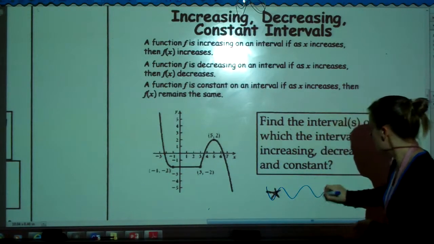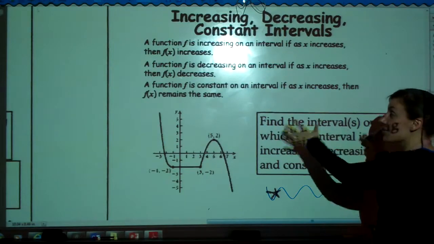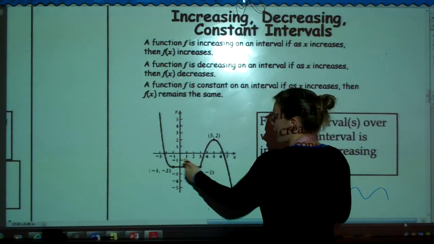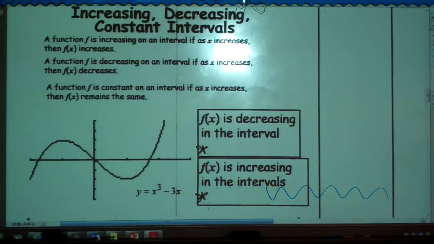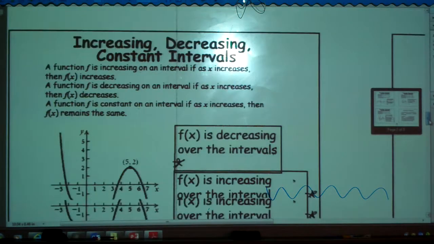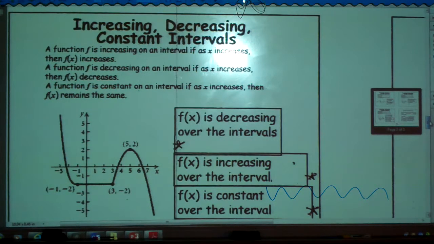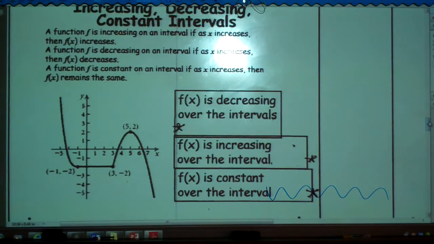So don't worry about this. You actually don't need to write anything. This is just the question. Okay, so we've got 3 turning points. We'll label them in a second, and then we'll get our answer. So let's do our answer on the next slide. All right, because there's a little bit of room there.